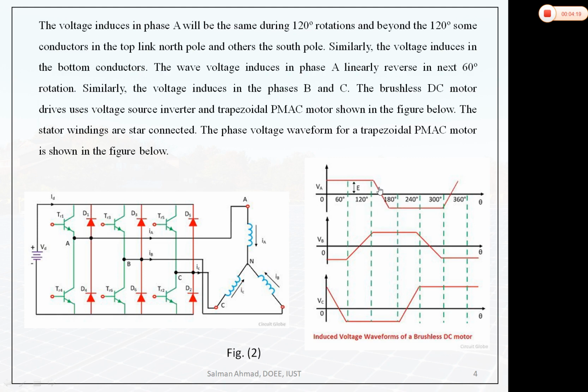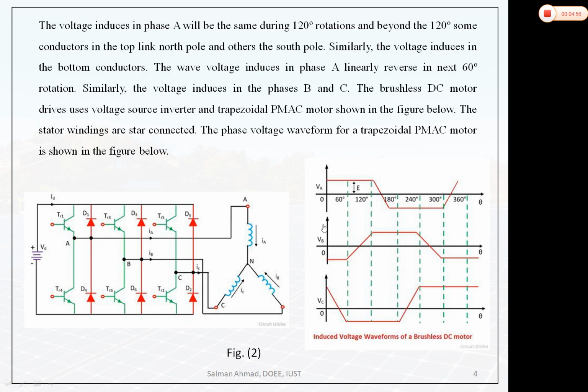Then over the next 60 degrees there is a reversal, so the induced voltage will go negative, as the south pole conductors now occupy the phase A conductors. Then over the next 60 degrees again there will be a reversal. So for 120 degrees the induced voltage is constant, then it changes linearly and becomes negative. Then for 120 degrees it is constant, then over the next 60 degrees there is a change in polarity. So the total will be 360 degrees.